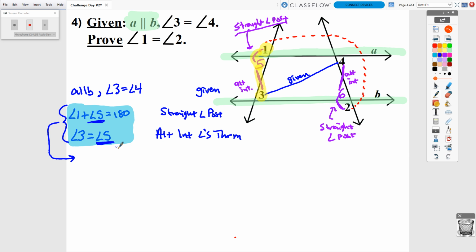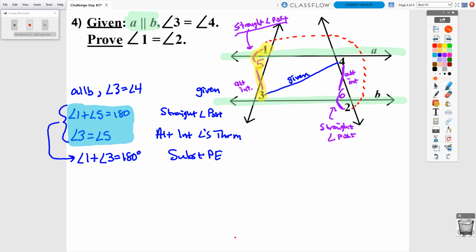So there's again the common connector, angle 5. So we're going to state that angle 1 plus, we're going to swap out angle 5 with its substitute value, angle 3, equals 180. And so there's true substitution. That is not the transitive property. All right. So now I've connected 1 to 3.